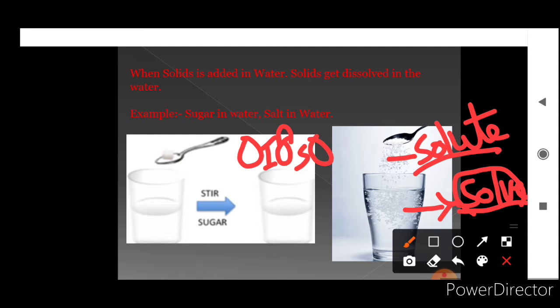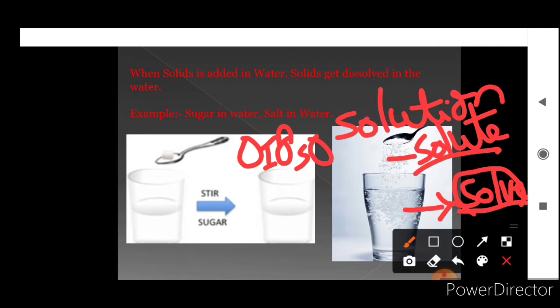Sugar or salt particles occupy the space between the water molecules, so that they prepare a solution. Solute and solvent mix with each other and form a solution.